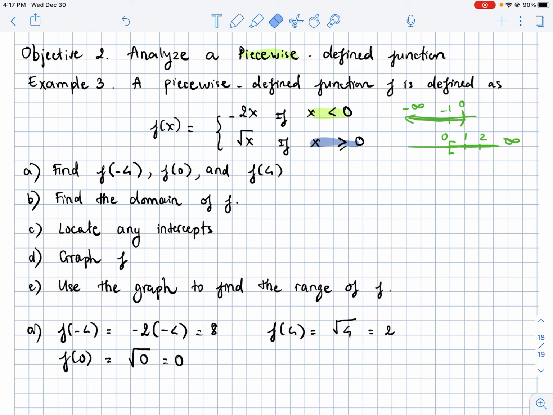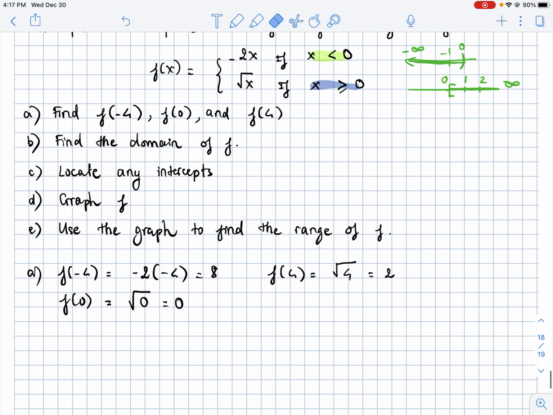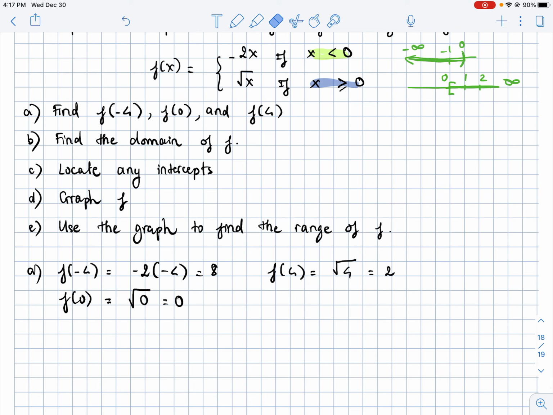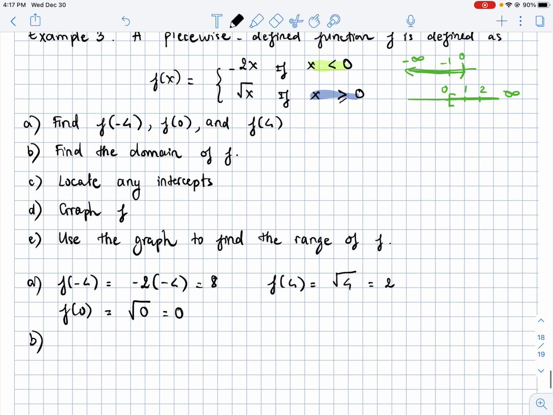So in this problem, we just need to look at the input to see which domain that number belongs to. When we know which domain it belongs to, then we choose which piece to plug in. In f of x, we have two pieces, then you look at the domain to choose which one to plug in. In problem B, find the domain of f.